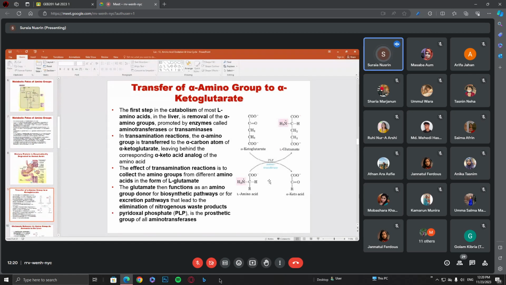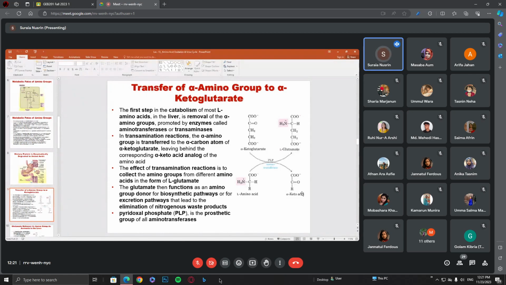The enzyme requires the prosthetic group, which is the pyridoxal phosphate. Now we get the glutamate here.